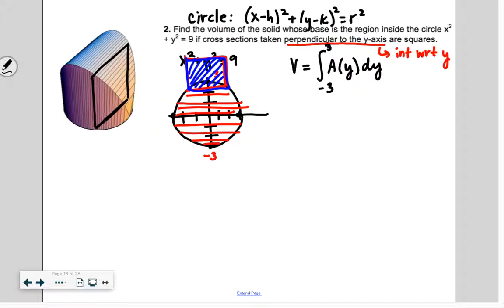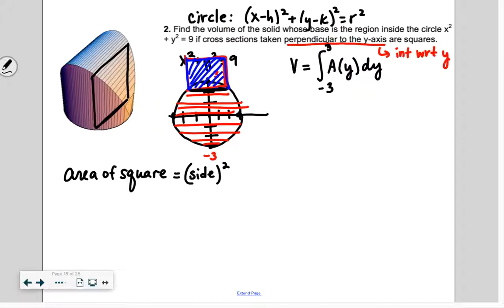All right. So let's figure out our area. Well, it's a square, and the area of a square is the side squared. Yeah, I just totally named that, didn't I?